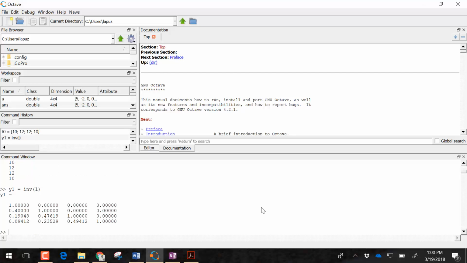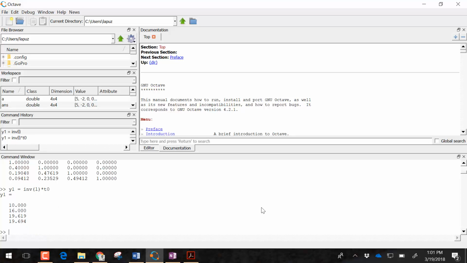Oh, shoot. Let's try that again. Y1 is going to be the INV of the L matrix, and then I actually need to multiply it with T sub 0. There we go. So that's my Y sub 1, and then I'm going to try to find my T sub 1 vector. T1 is going to equal the same thing, except I want to apply it to the U matrix.